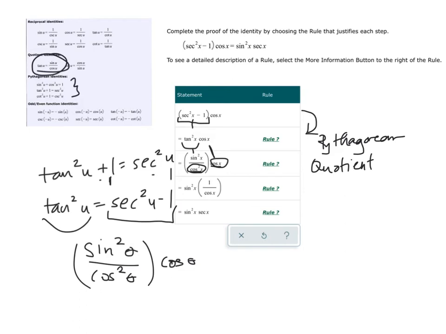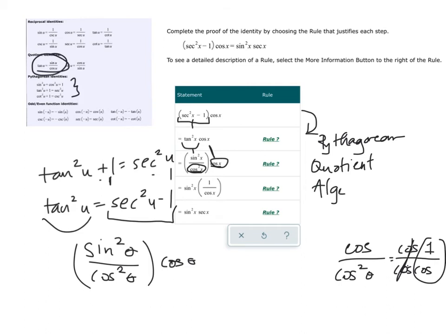So if we have cosine divided by cosine squared, this is cosine divided by cosine times cosine, and one of them will cancel out. You'll have 1 left on the top. And I forgot the thetas, but forgive me for that. So that's what happened here. That's not any rule, that's just algebra, which will be one of the options you can choose. And then 1 over cosine is the same as secant, right here. So this is a reciprocal identity or reciprocal rule.